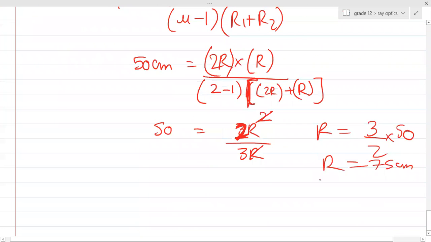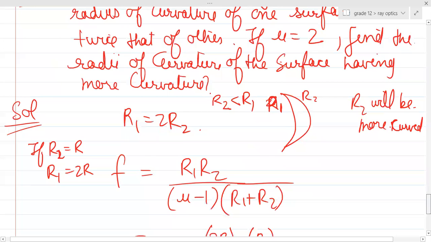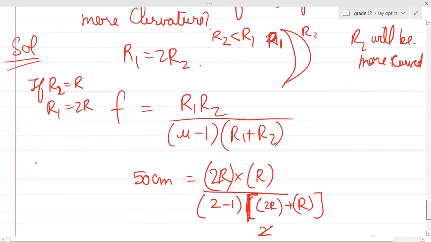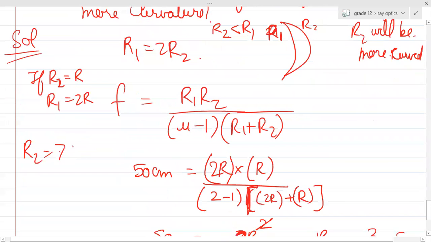So the value of R is 75 centimeter, and we have assumed that R2 is equal to R, 75 centimeter, and R1 will be basically twice of R, which will be 150 centimeter.